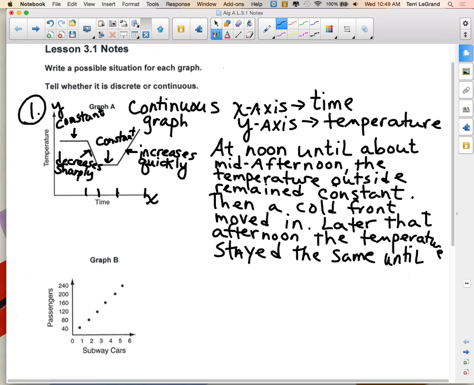We probably better talk about what time of the day it is now. Until when? 6. Okay, so maybe till early evening. Looks like there was about this much time going on between here, so until early evening.